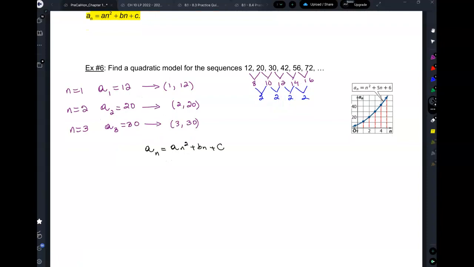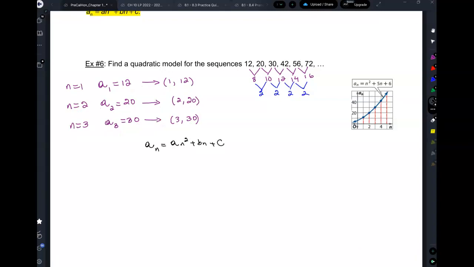A sub n is the y variable. N is the independent variable, like x. Now we're going to plug the first number in here. The first number, n is 1. A sub n is 12, right? So we're going to plug that in here.